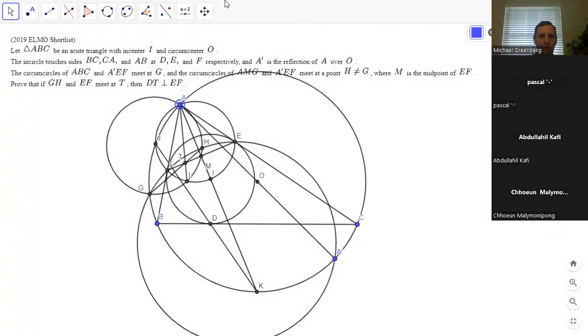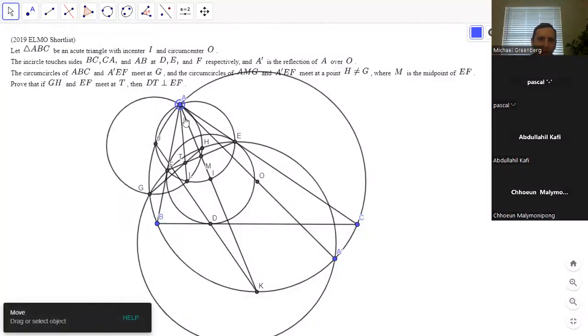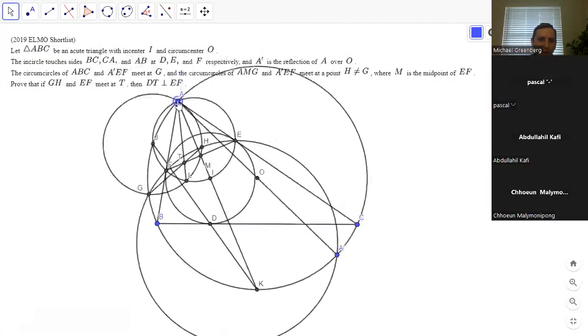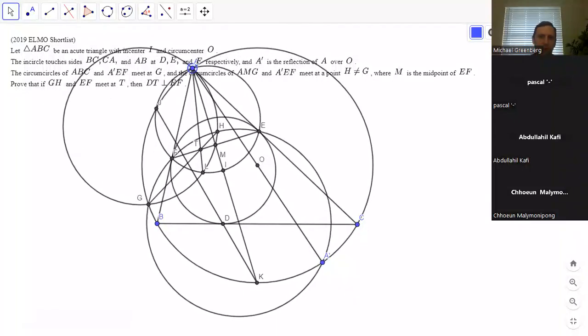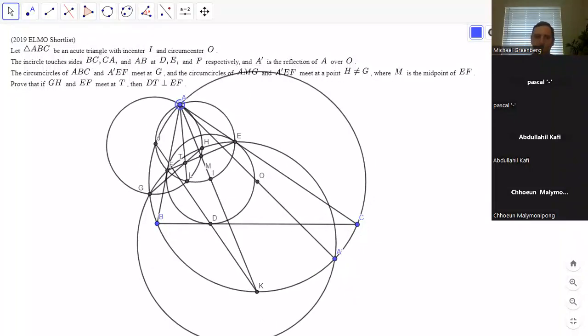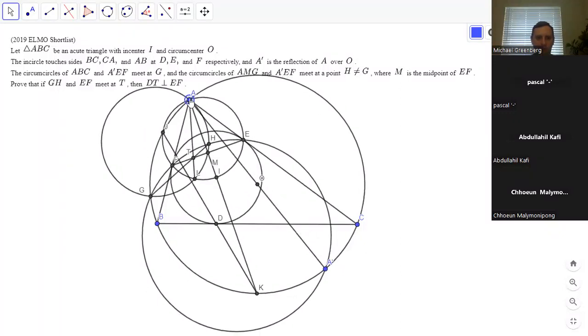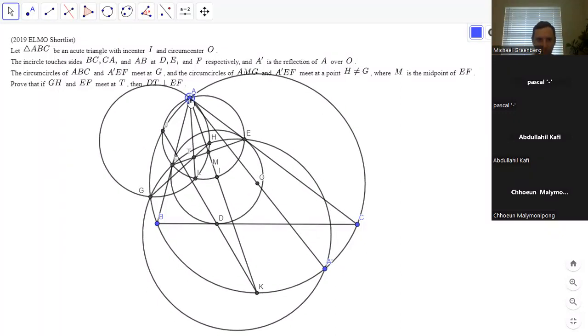Or wait, is J the center of the circle? So this is the circumcircle of AMG. First of all, okay, J is not the center of that circle. So we can't assume that.